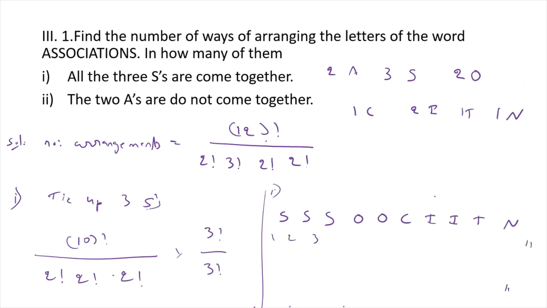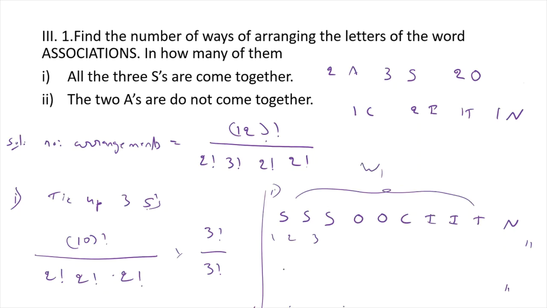So W1 is to arrange these letters, and W2 is to arrange the remaining 2 A's in these 11 gaps.